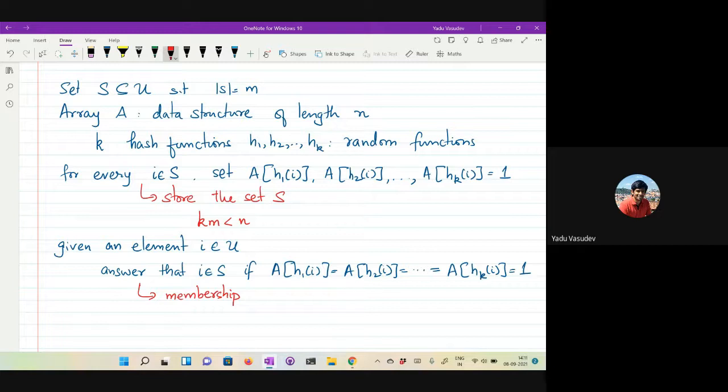You have an element I. You want to know whether I is in S or not. You look at all the indices in A where it could possibly have been mapped by the hash functions, and you check whether all of them are 1, in which case you say the element is in the set. Maybe.